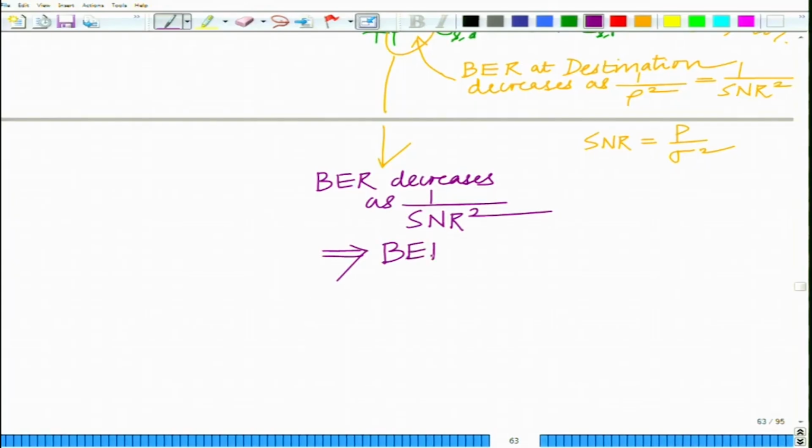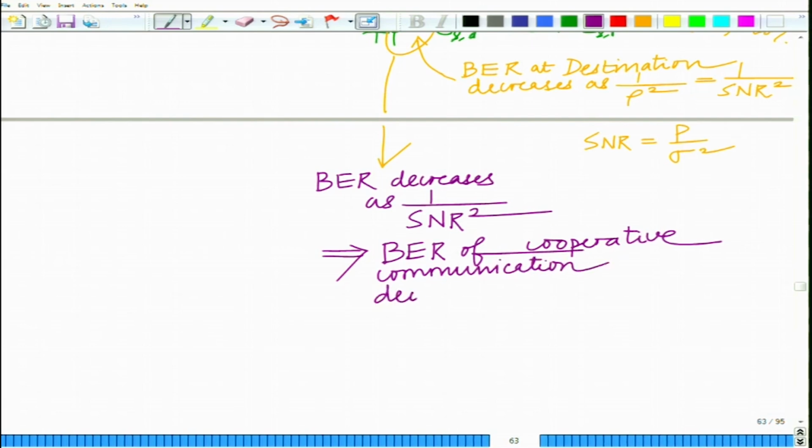So, this implies the bit error rate of cooperative communication decreases significantly faster.